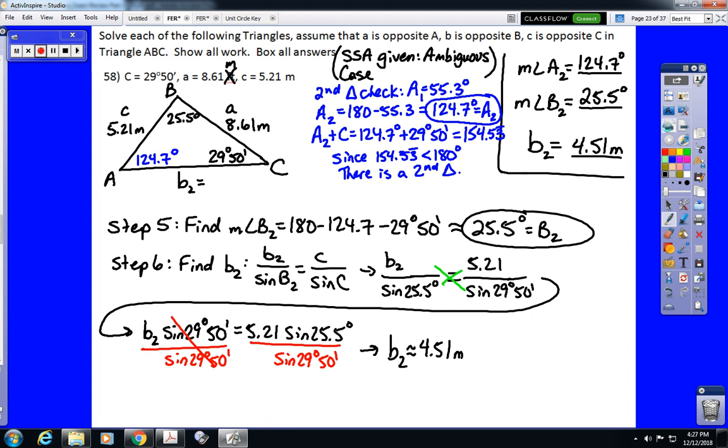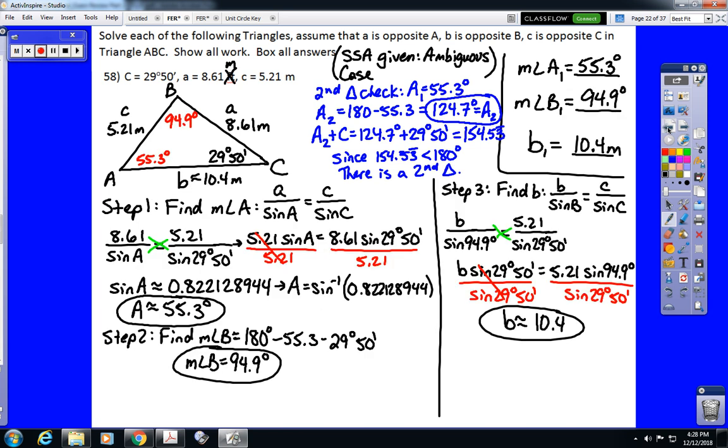Our first set of answers we are calling angle A1, angle B1, and little b1. Those numbers are shown here on the graphic. They're also over there in the box. We then ran the second triangle check and discovered that there was a second triangle.